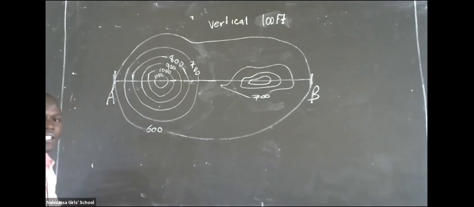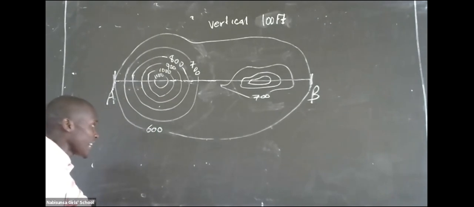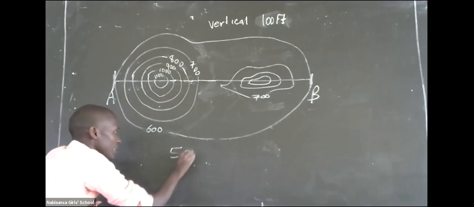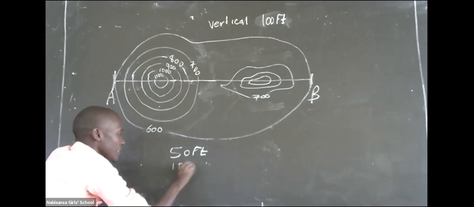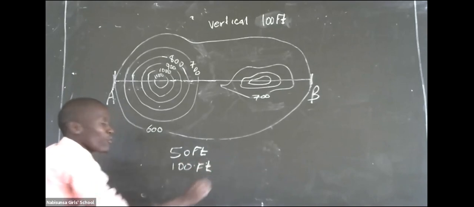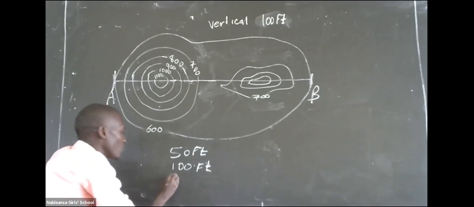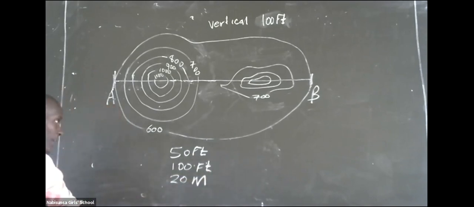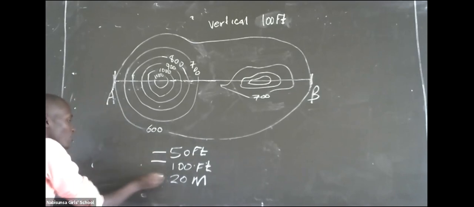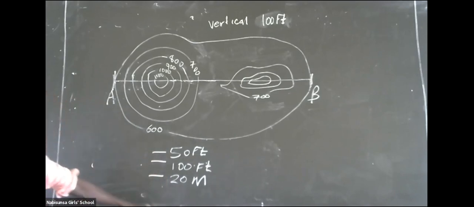The common vertical intervals we have are 50 feet, 100 feet, and another common one, 20 meters. Some year they gave 20 meters, but people were used to feet.